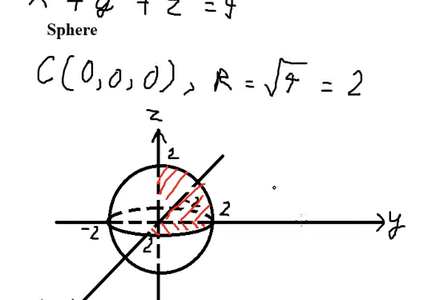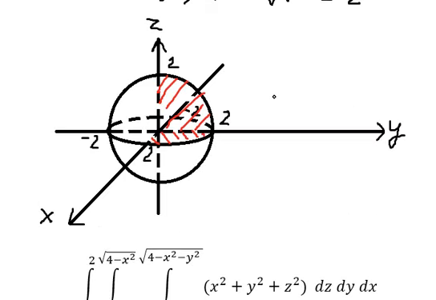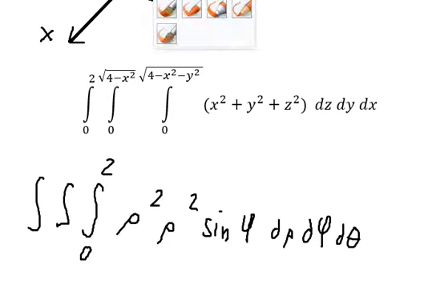About phi, I will use the blue color in here. We see that from here going to here, they create pi over 2. So that should be from 0 to pi over 2.